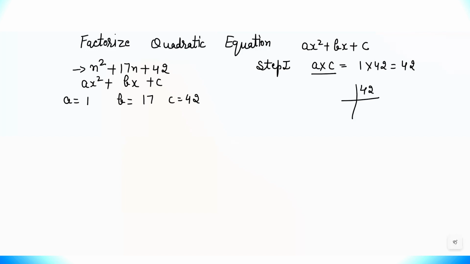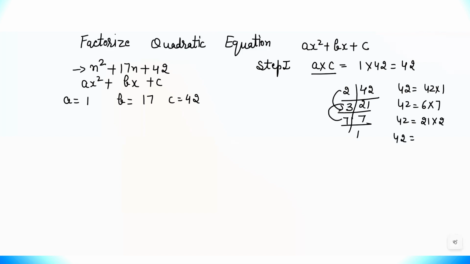So 42 can be written as 42 into 1, then 2 into 21, 6 into 7, then 3 into 14. These are the different factors of the number 42.